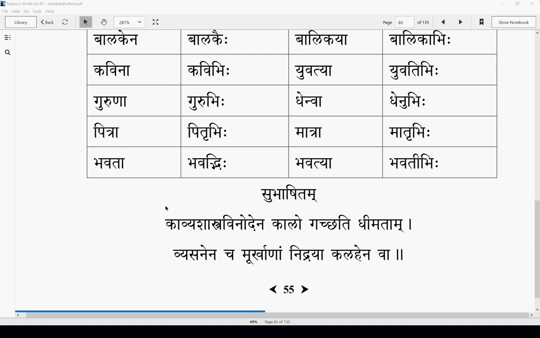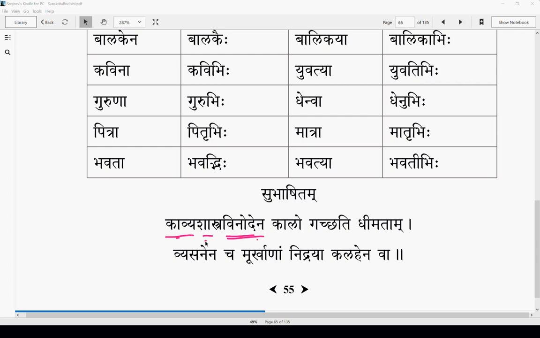Just for everybody's understanding here. Poetry. Shastra. Scripture or science. Rules, scripture, science. It is okay. Then Vinoda. Vinoda is the Moola Shabda, and Vinodena is Tritiya Vibhakti.